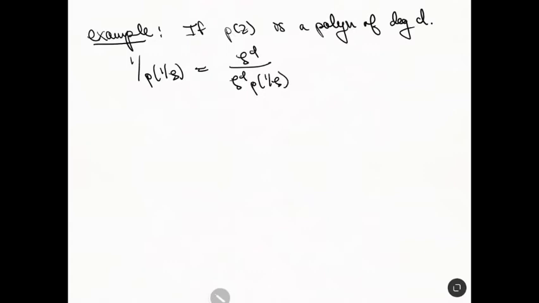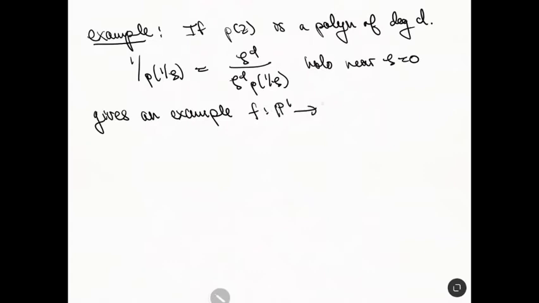Now this thing is holomorphic near zeta equals 0, so this is an example of a function with f of infinity equal to infinity.